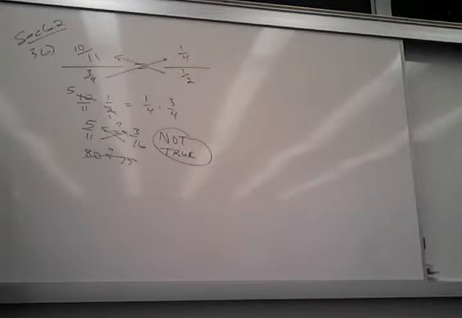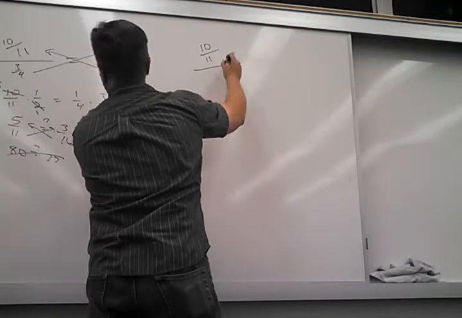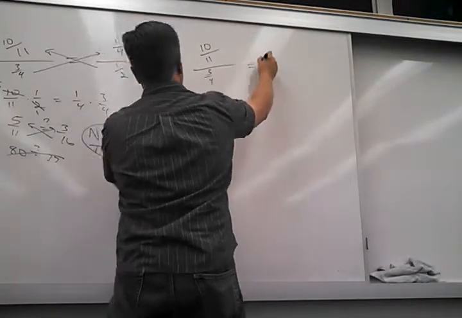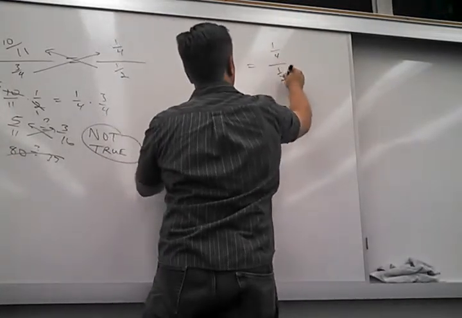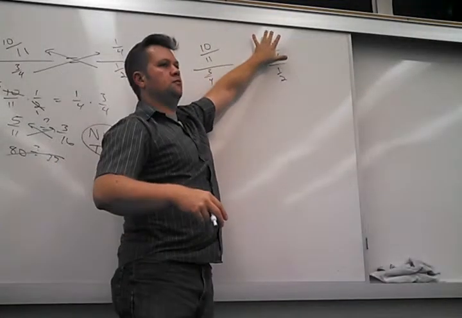What's up? Could you also work out each individual one? Oh, hell yeah. You could do that. So if I have 10 elevenths to 3/4 is 1/4 to 1/2, what Judy's saying is, can't you just work with that fraction by itself? Of course.